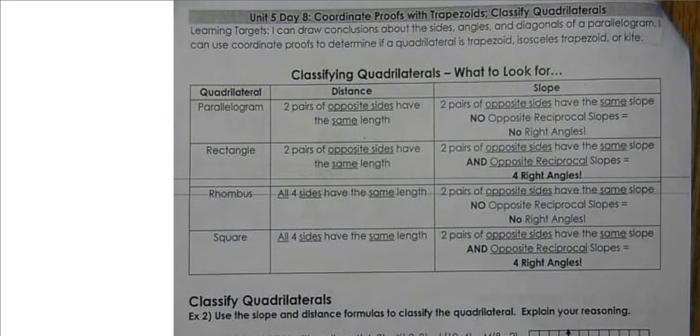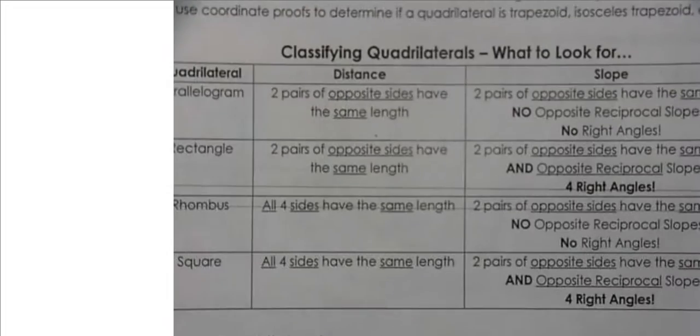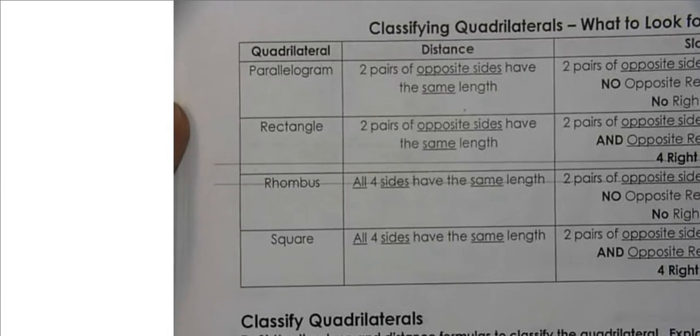And remember, I've taught you some strategies of really working with the opposite sides and looking at the slopes of the opposite sides. And then from there, we can draw conclusions. So what I have in this table is basically a cheat sheet.